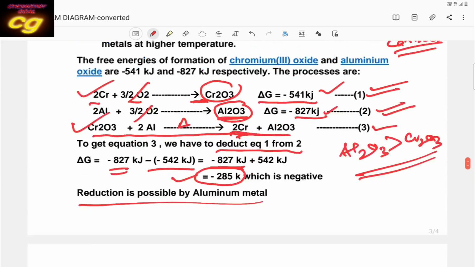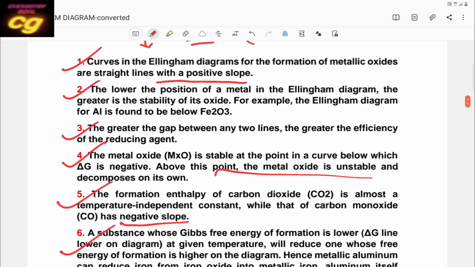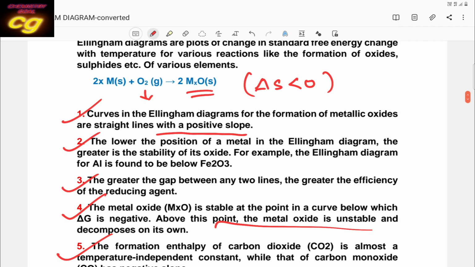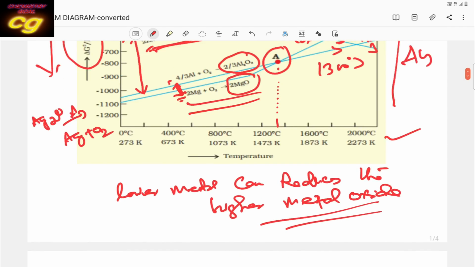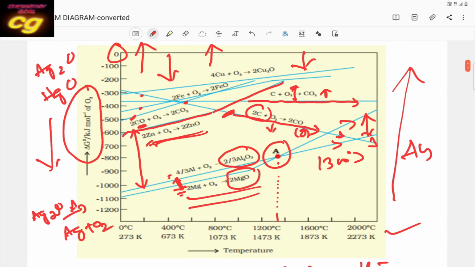Again I am showing the graph, very important, that is the Ellingham diagram, which is used in different steel industries and aluminum industries, so many metals, in metallurgy this concept is used. This diagram is very important. From the diagram we can know at what temperature the reaction is feasible, that is, extraction is possible.